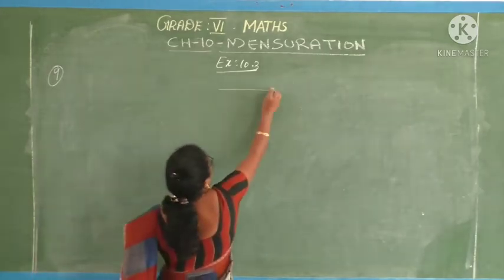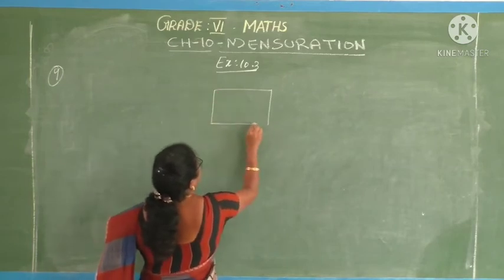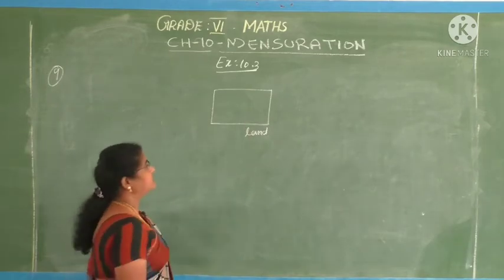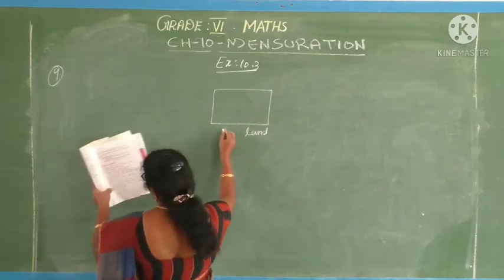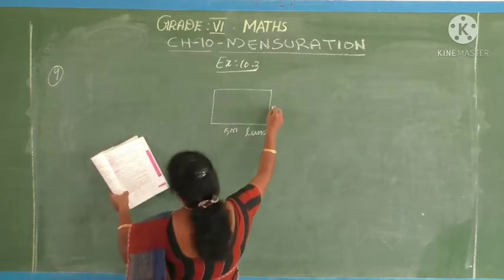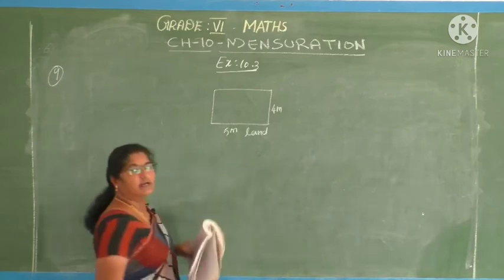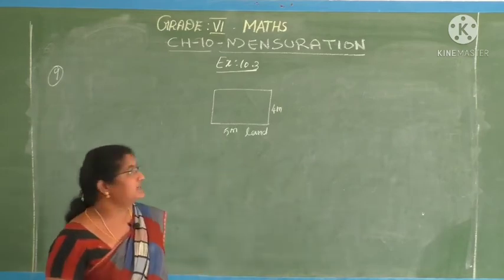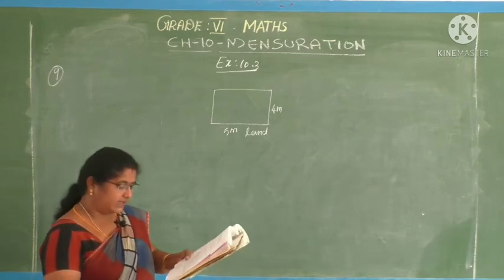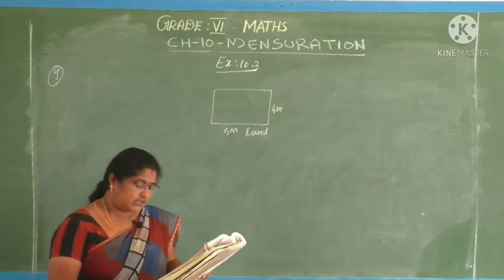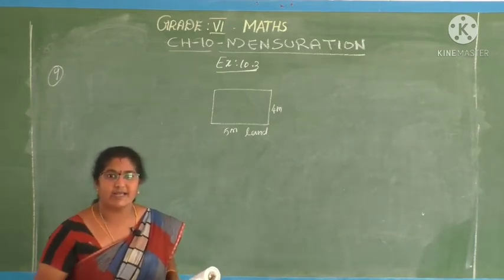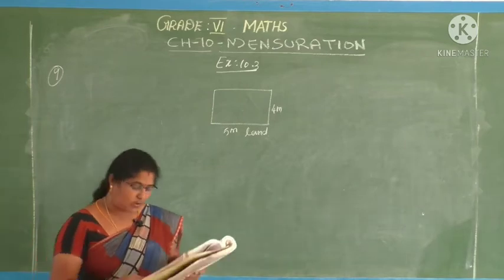This is the land. Land is rectangular in shape. Its length is 5 meter, breadth is 4 meter. So a rectangular 5 meter by 4 meter land is there. In this, 5 square flower beds, each of sides 1 meter.